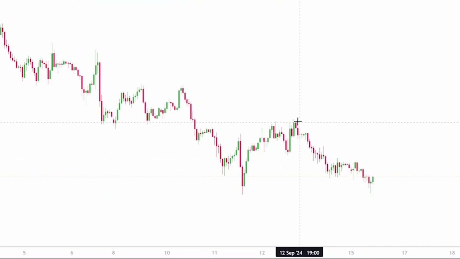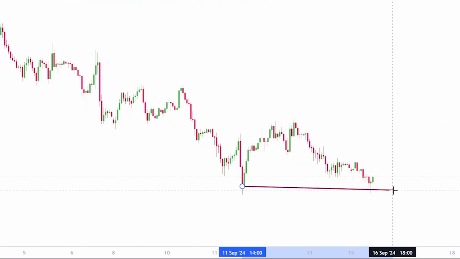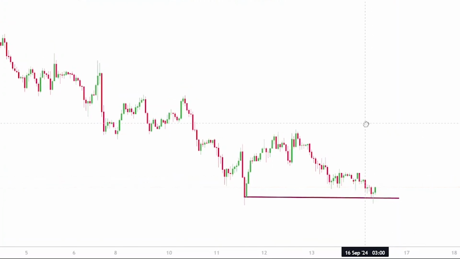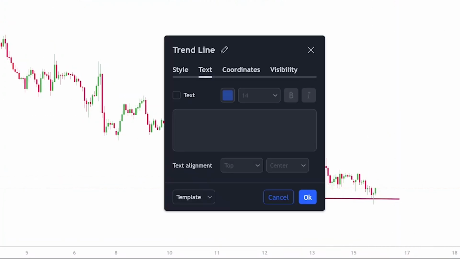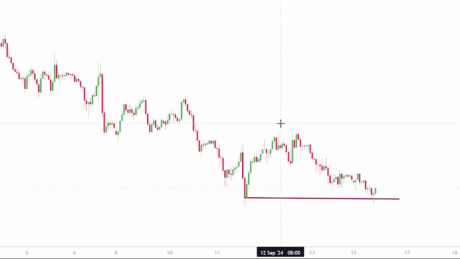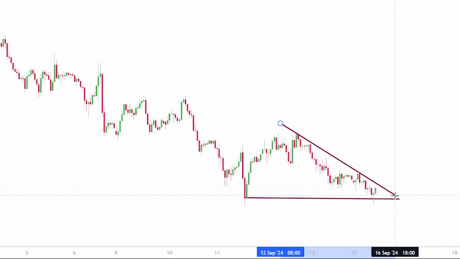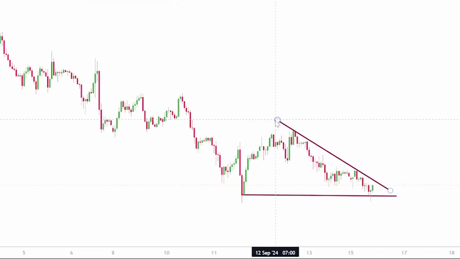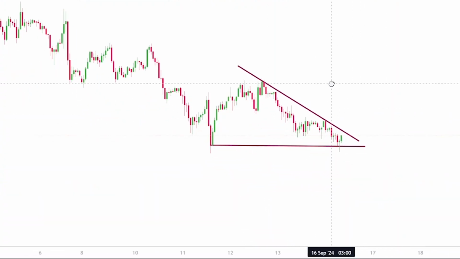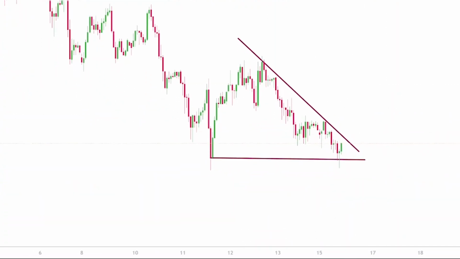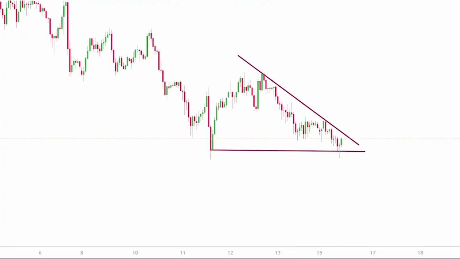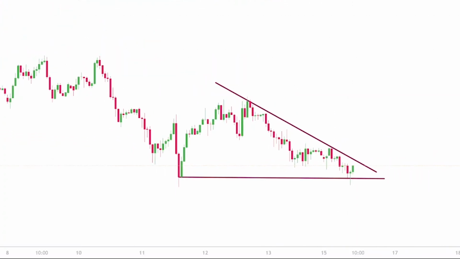Okay, here we are in the downtrend. We have equal lows from this area, which is a support, and also we have these highs, lower highs from this area. So here we can also take this opportunity by entering with this descending triangle to take a buy or a sell.